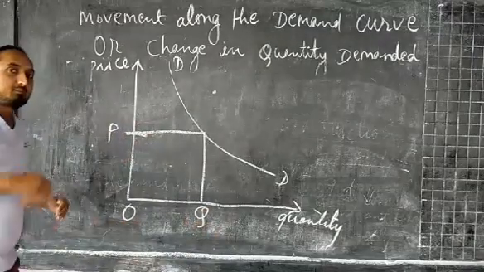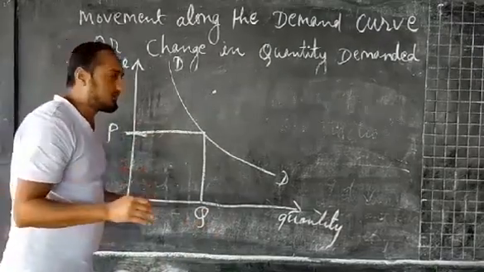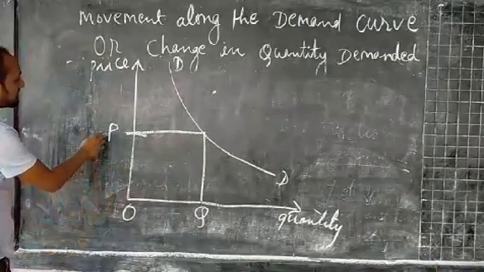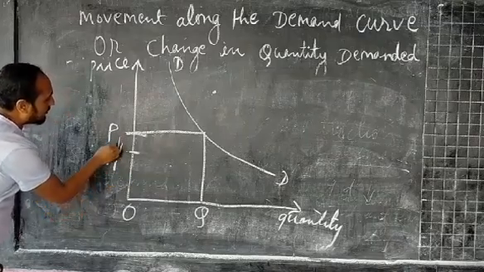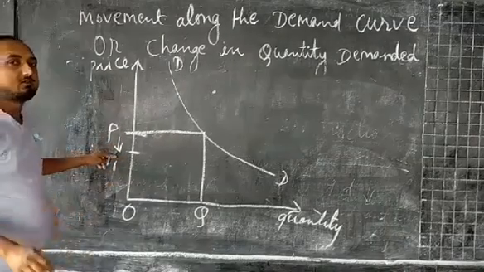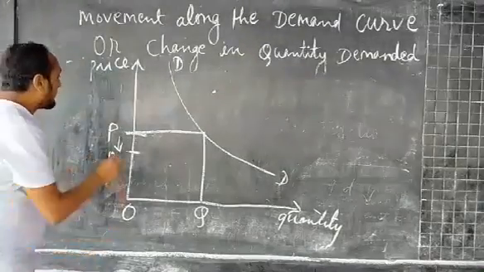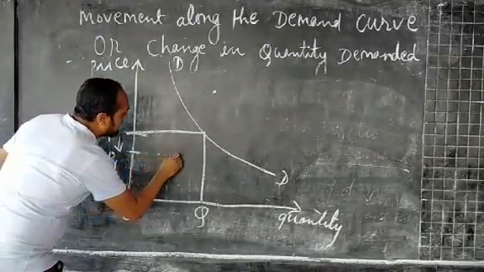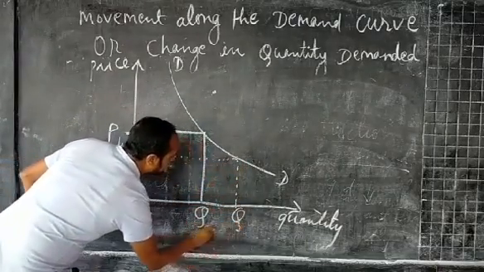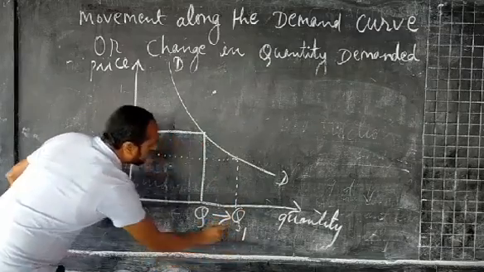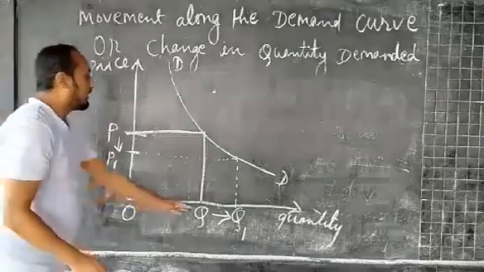Now, if the price of a commodity decreases from P to, say, P1, this downward arrow shows the decrease in the price of the commodity. So when the price decreases, we can see that the quantity demand of the commodity will increase from Q to Q1. So there will be a rightward movement on the quantity axis.